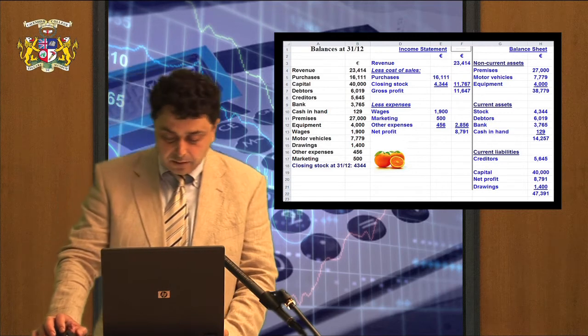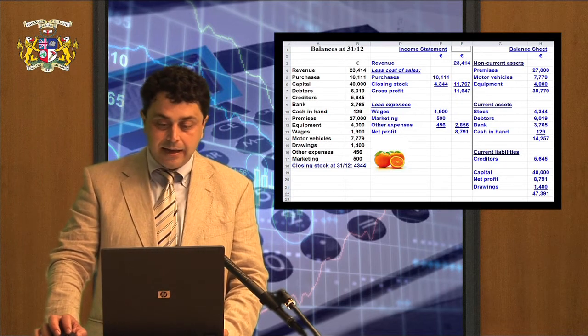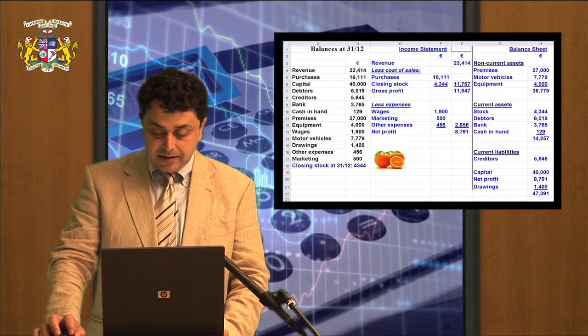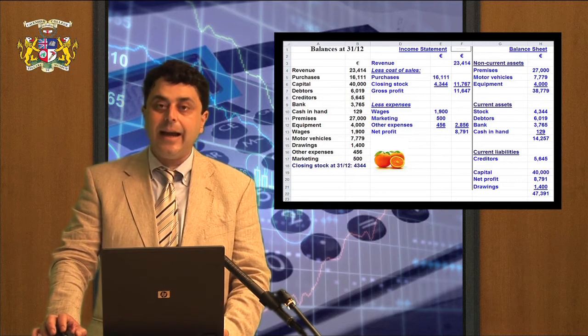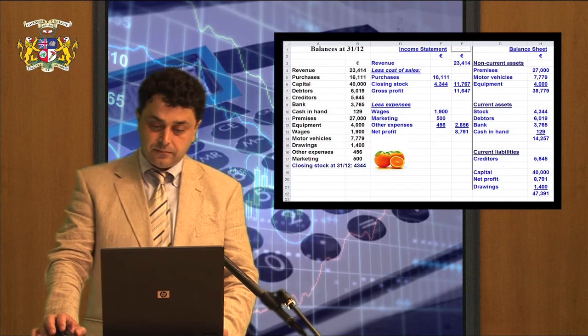So the net profit for this year is 8,791 euros. This figure represents the wealth generated during the period. It belongs to you, the owner of the business, and will be added to your capital in the balance sheet.